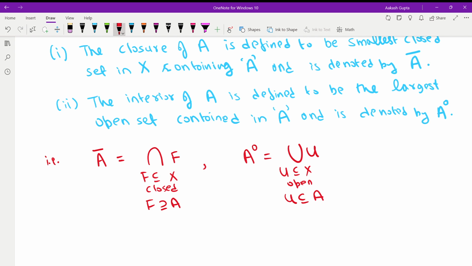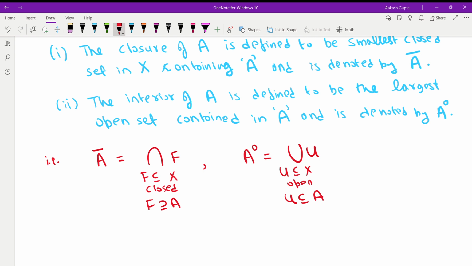Now let us talk about more properties of closure and interior. So let me have it, and I will prove maybe one or two, then you can try the others.